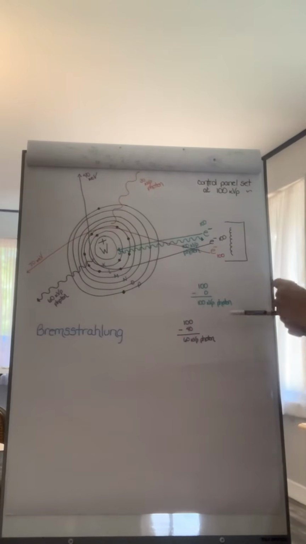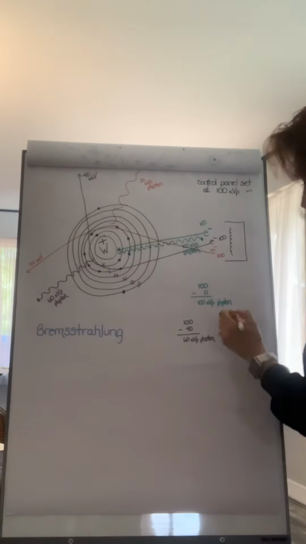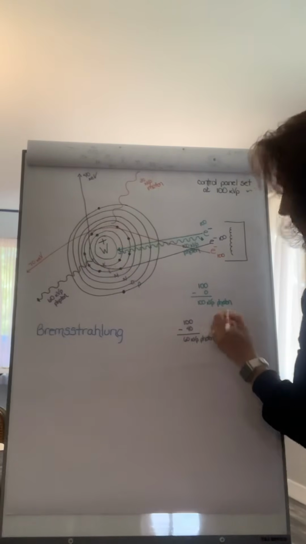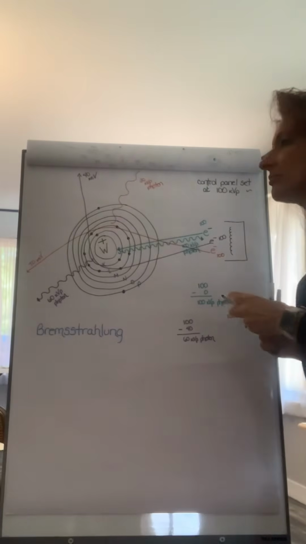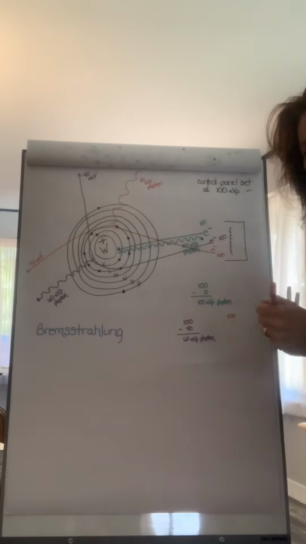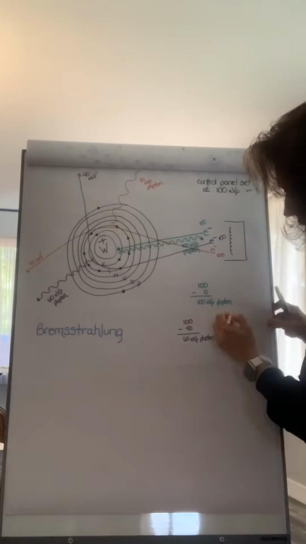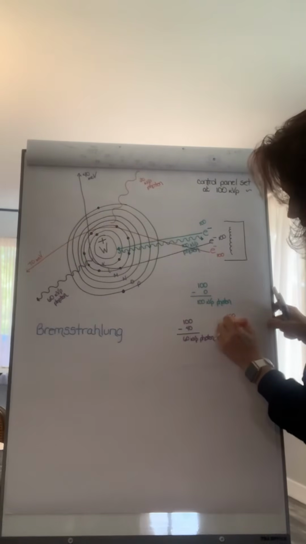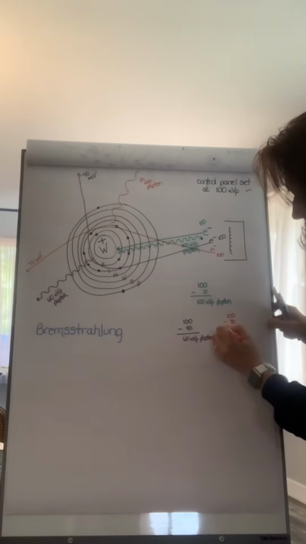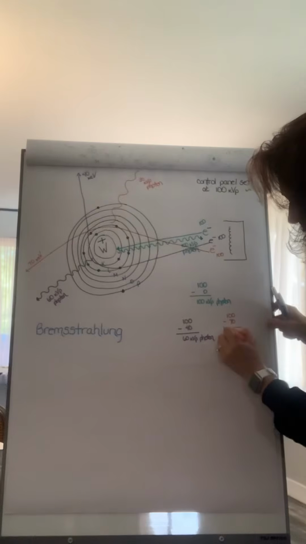And then the red one went in with 100 and left with 70. So what did that yield? That yields a 30 kVp photon.